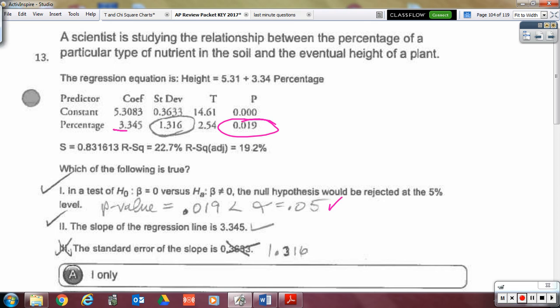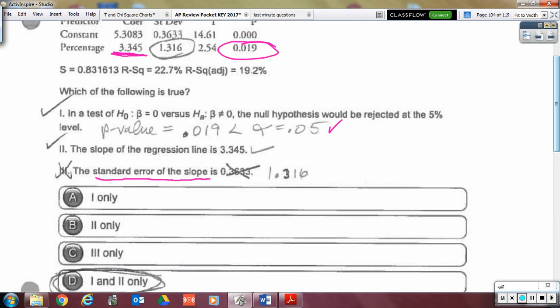And here is the slope right there, 3.345. This standard error of the slope is the same thing as your S of B, your standard deviation of the slope. That is 1.316, not what they have written there.